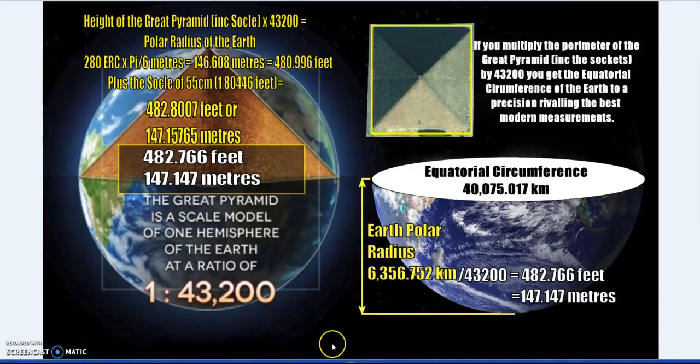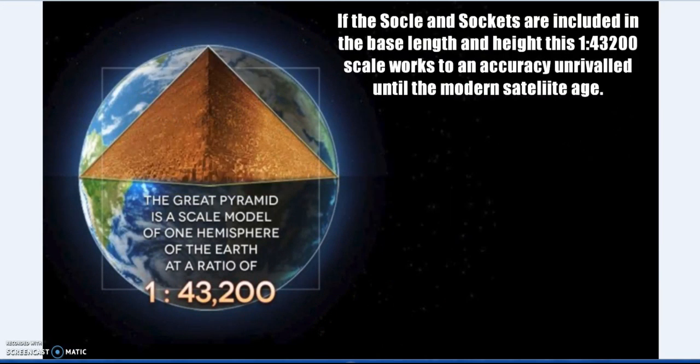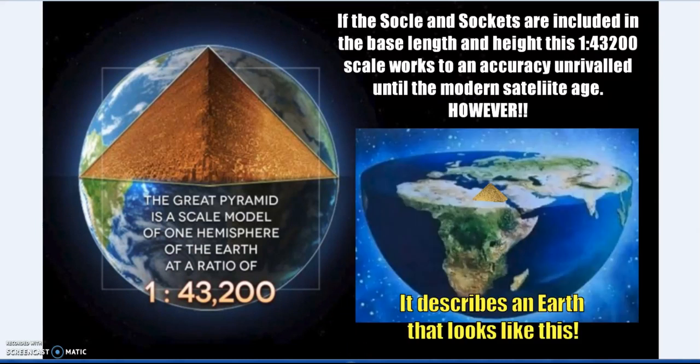So the pyramid is really rivaling the most modern satellite measures. If you include the socle and the sockets in the height and the base perimeter, the 43,200 scale works to an accuracy unrivaled until the modern satellite age.